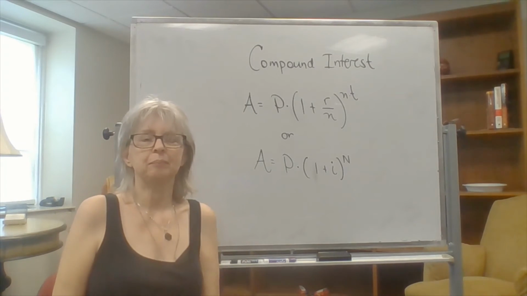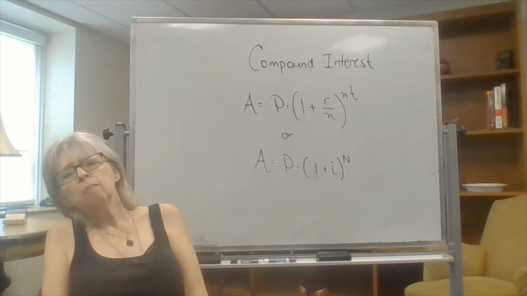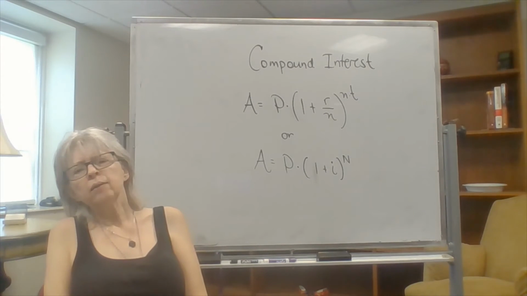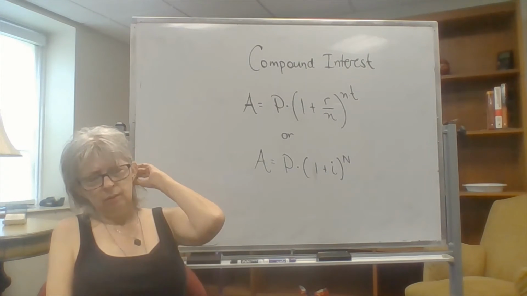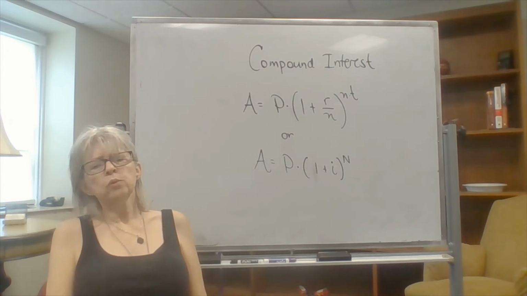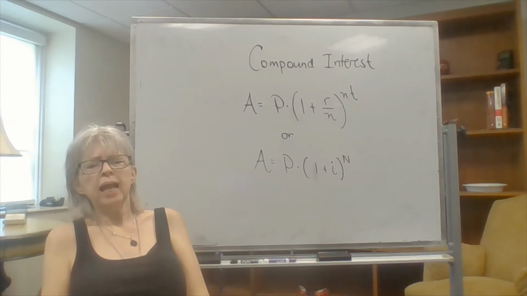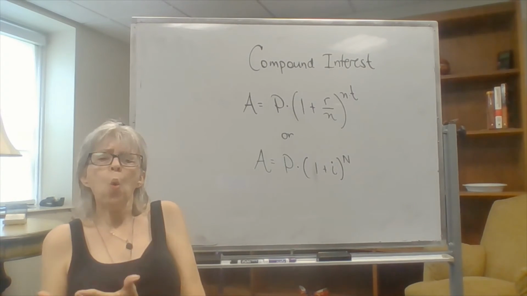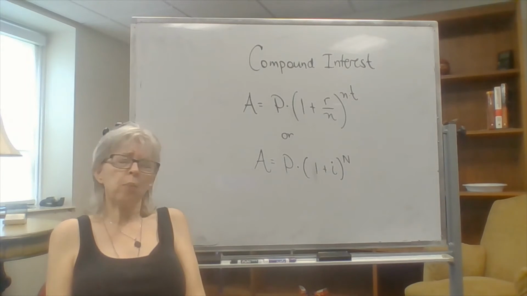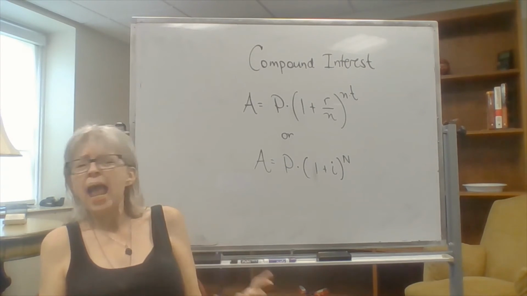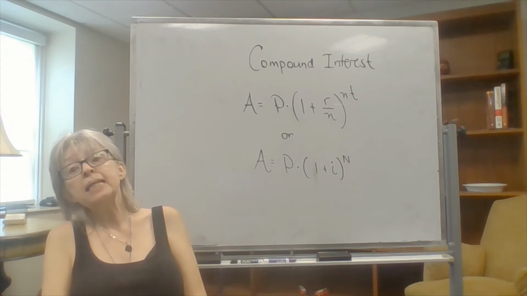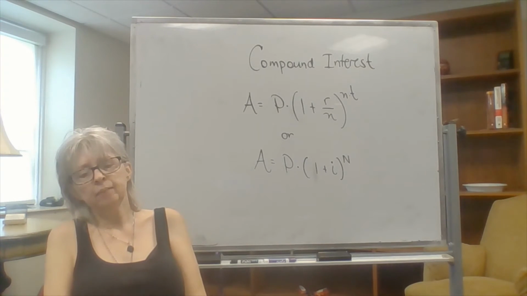I'm not lying. There are a number of tools that are out there in the financial industry, a number of tools that we use in college classes like this, or in the business and economics department, or the accounting program, or anywhere else where we talk about the time value of money.